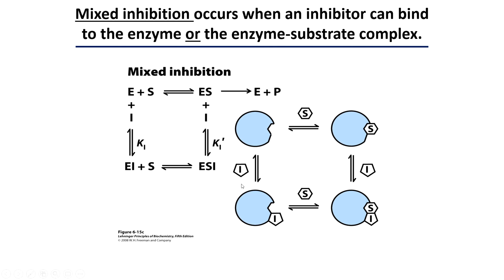One of those inhibitors really likes to bind the enzyme alone before it binds substrate. The other inhibitor likes to bind the enzyme once it's already bound substrate. Both of those would be considered mixed inhibitors. But because there's an affinity of binding one over the other, this makes Km really difficult to predict.